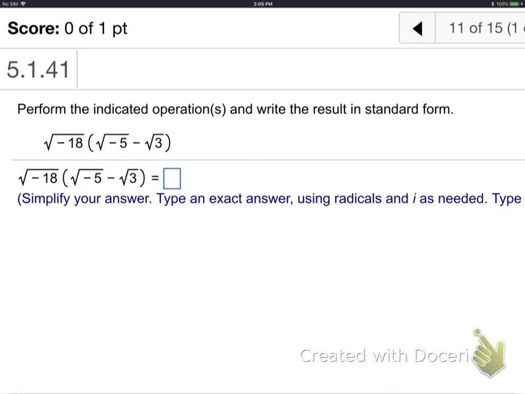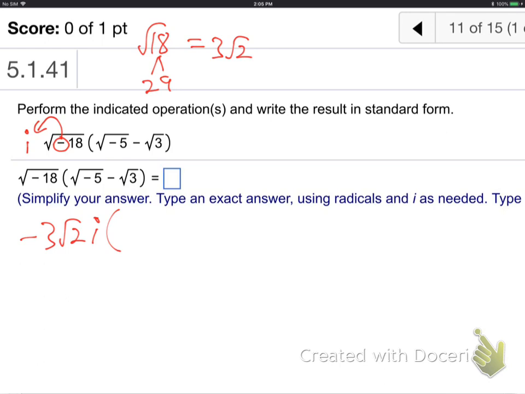So the negative comes out as an i. And then what's the square root of 18? 2 times 9, 3 root 2. So that'll be negative 3 root 2i times i root 5.